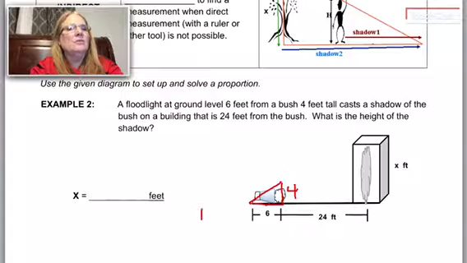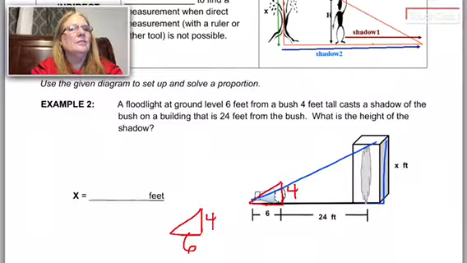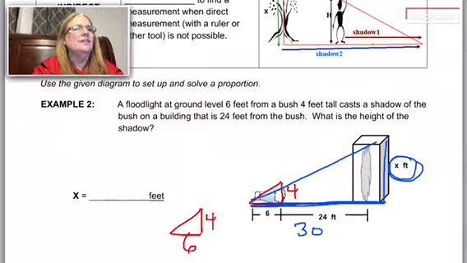So there's my little triangle, 4 and 6, and then my bigger triangle is this whole thing. For this length you're going to have to add the 6 and the 24 and get 30. And then this is what we're looking for, the height of the shadow.